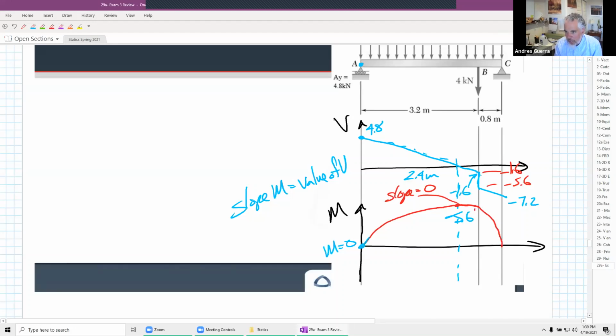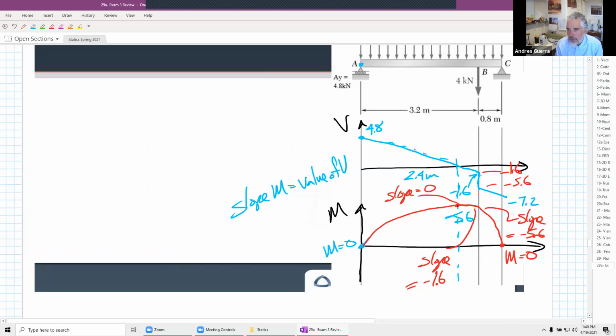So our slope right here is equal to a minus 1.6, but then our slope right here is equal to a minus 5.6. So that's all that does, and we should end up back at M equals 0 because it's a pin at the end of the beam. That pin does not resist rotation whatsoever.